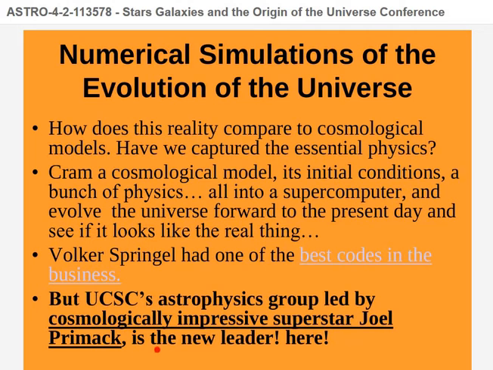So Joel Primack, superstar cosmologist up at UC Santa Cruz, and whom I had the privilege of working with for many years in the 1990s, he's got the best code in the business. He's got the biggest supercomputer. He's got the biggest team. He's got the best people.